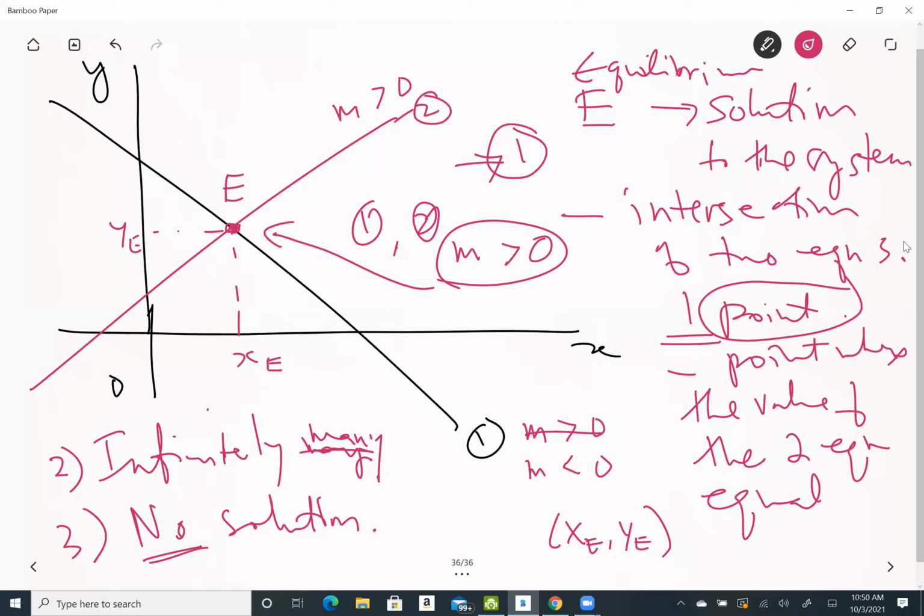Just draw it. So what can you say about the slope? Anybody got the answer? You have only one point of intersection, but the slopes are both positive.